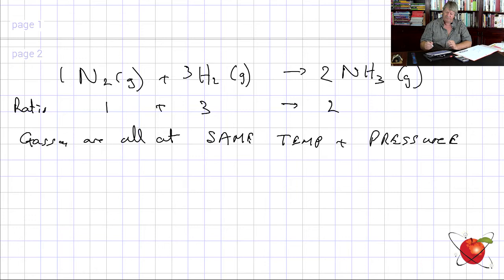It's the same thing, only at the same temperature and pressure. If you work it out using the table, where you take number of moles, divide, do this, do this, you get the same answer, okay? Because what you've got here is, this then means that 1 of those volumes plus 3 of those volumes gives us 2 of those volumes, okay?